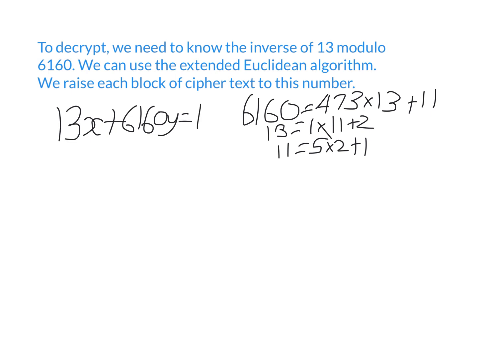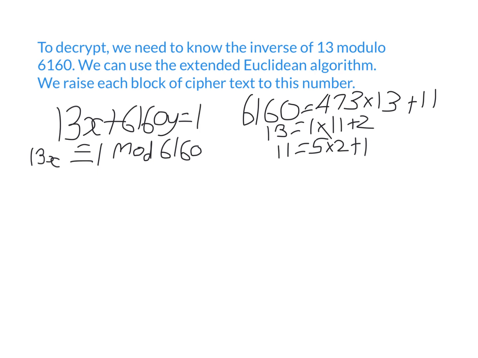Remember, this number here, if y is an integer, will always be equivalent to 0 mod 6160. So if I solve this equation and find the value of x, what I end up solving is 13x is equivalent to 1 mod 6160. And that's exactly what I want in order to find inverses.